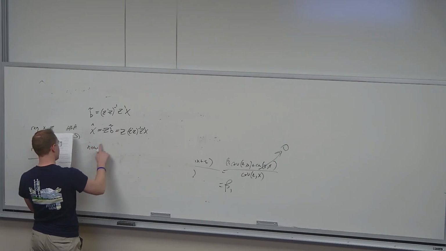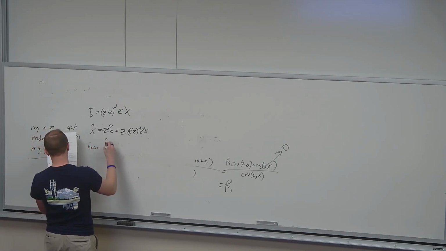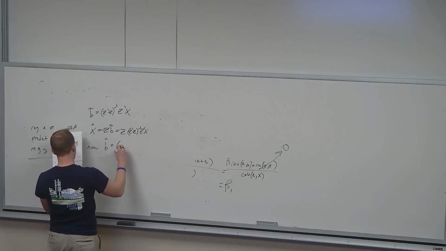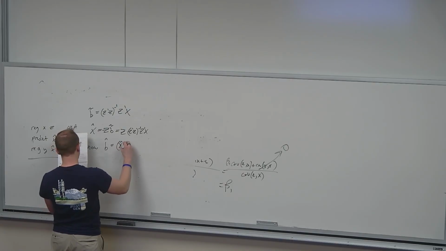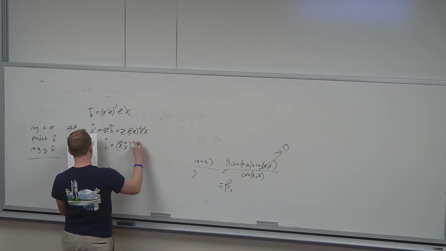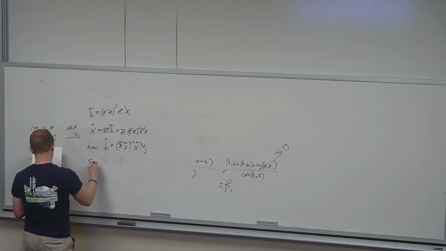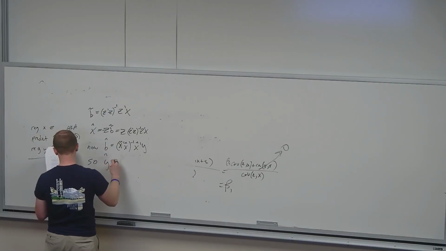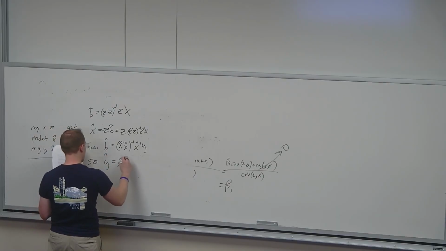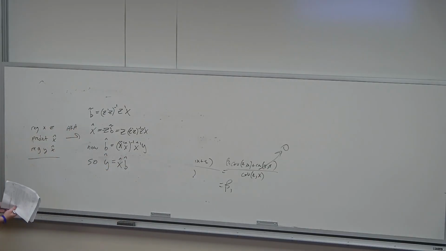Now beta hat equals x hat transpose x hat inverse x hat transpose y. So y hat equals x hat beta hat. And that's how I would write that.